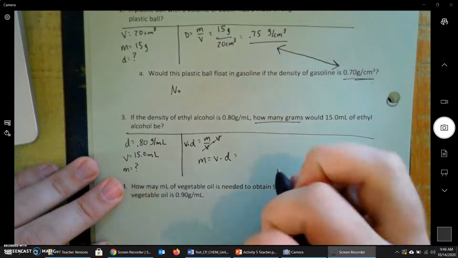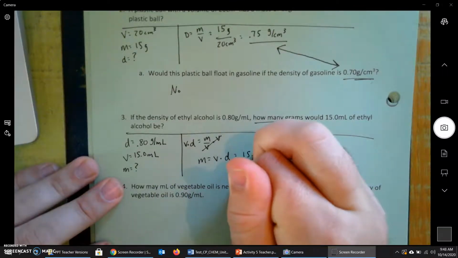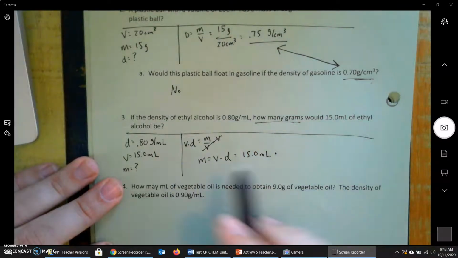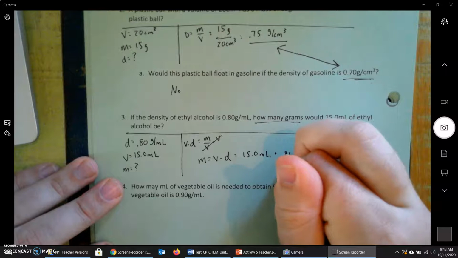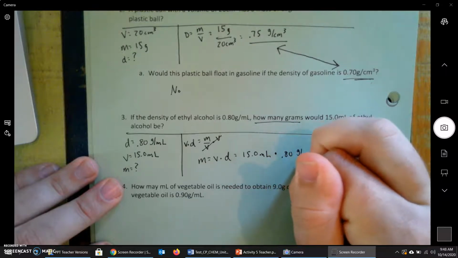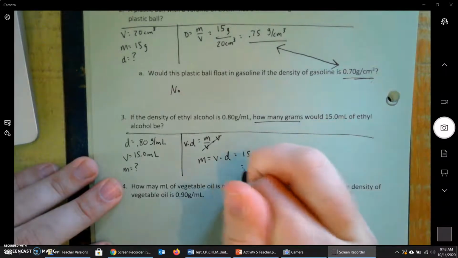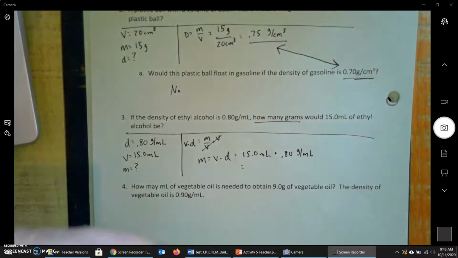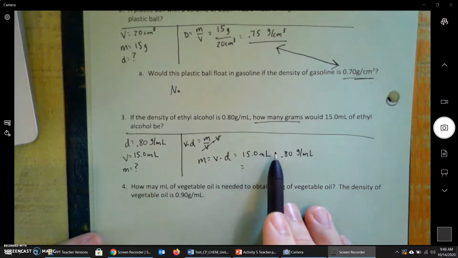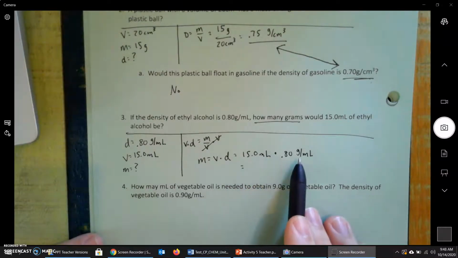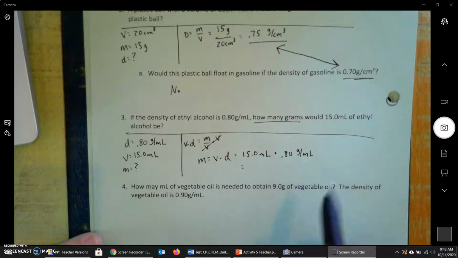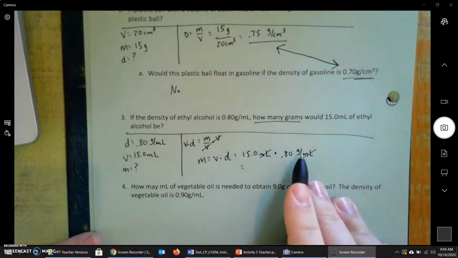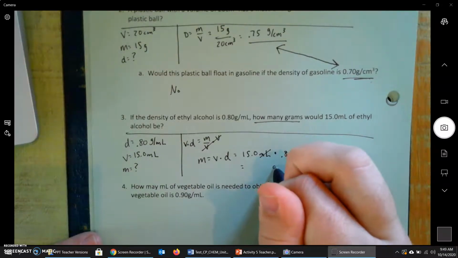So my volume of 15.0 milliliters times my density of 0.80 grams per milliliter. Now before I type anything in my calculator, I need to decide what my units are going to be. So we have a milliliter times a gram divided by a milliliter. The milliliters will cancel out and leave us just with grams as our unit.